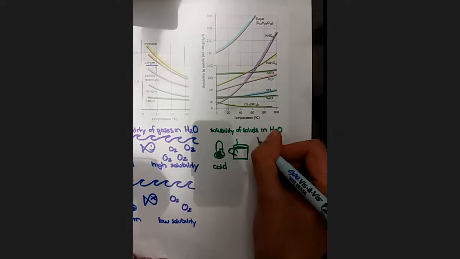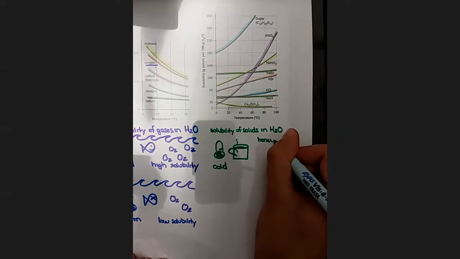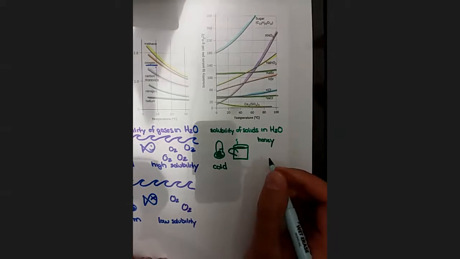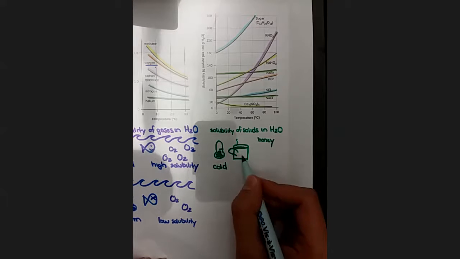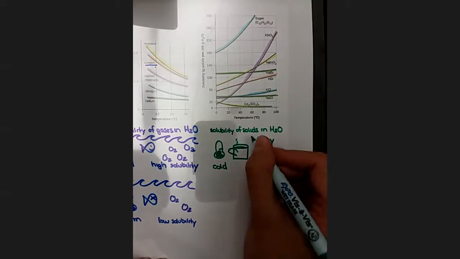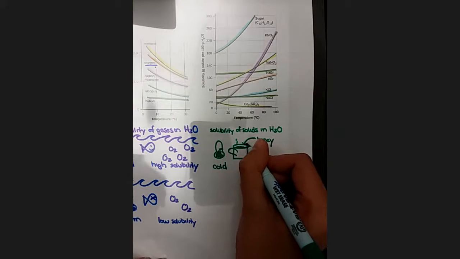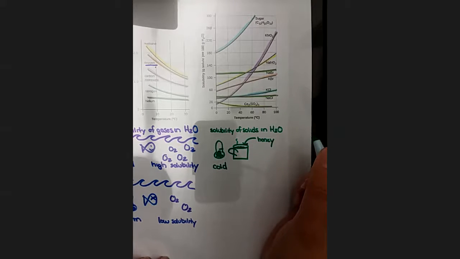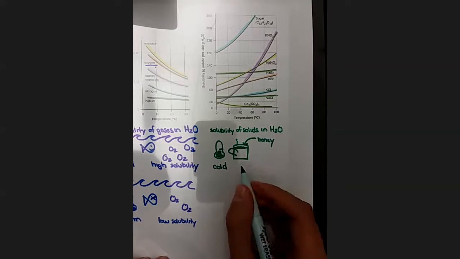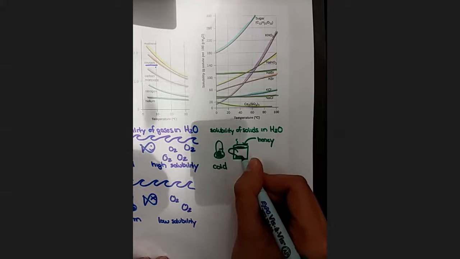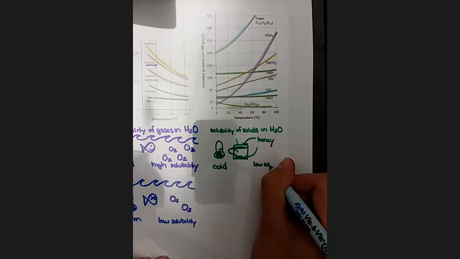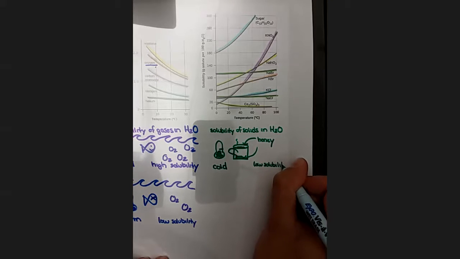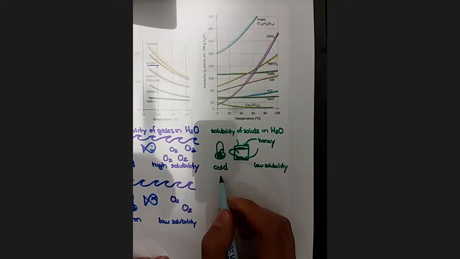And let's say that I want to put honey in this tea because I'm a wimp and I don't really like the way that it tastes without some sugar in it. So how much honey are we going to be able to dissolve in this tea when it's cold? As you may have known, if you've ever tried this, when you add the honey into the cold tea, all the honey just ends up sitting at the bottom. Because it's a solid and it has a low solubility at cold temperatures.